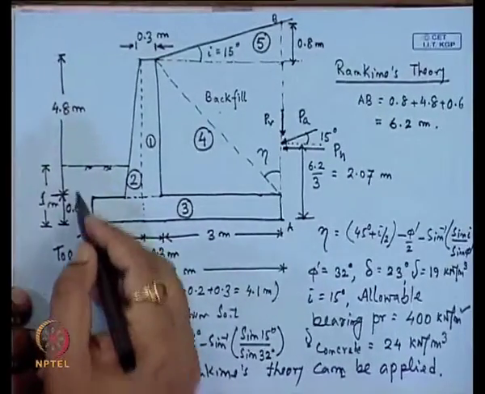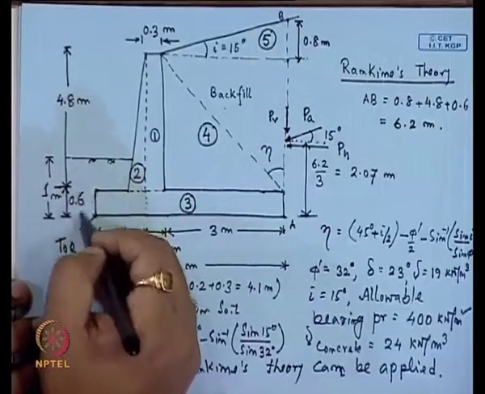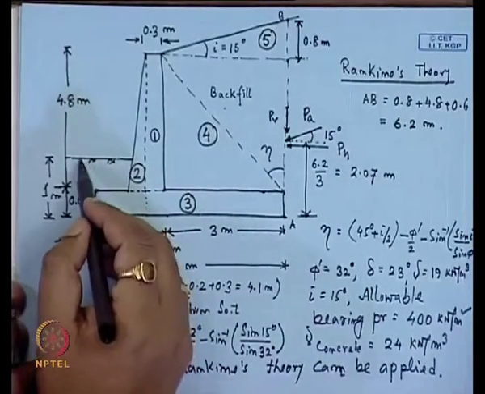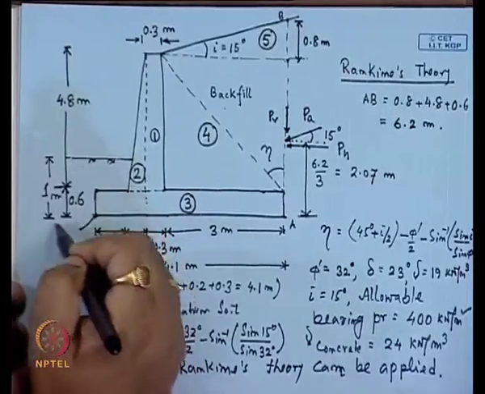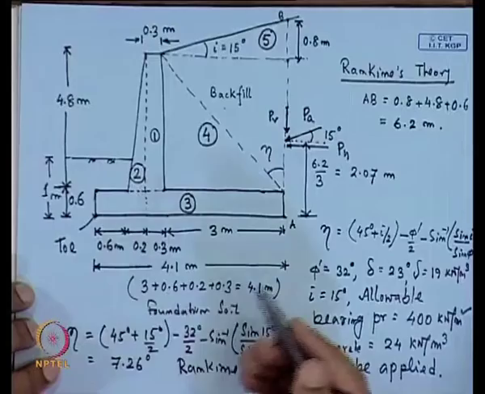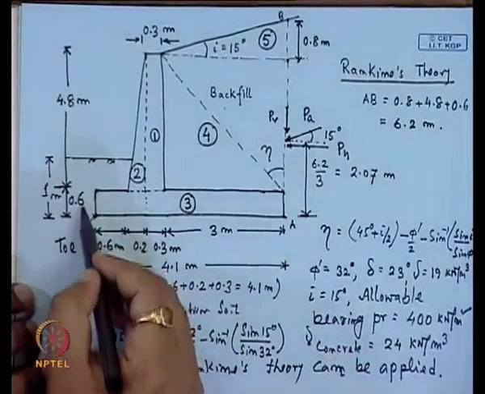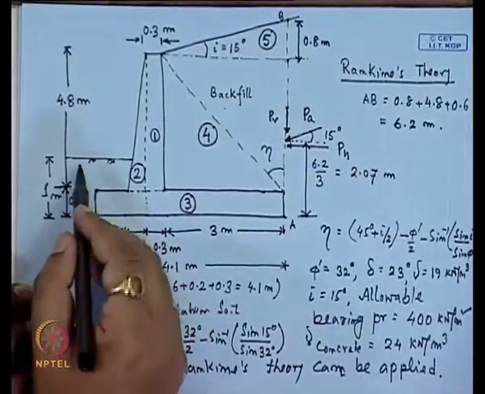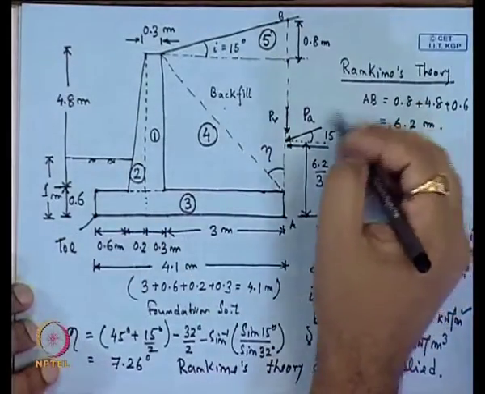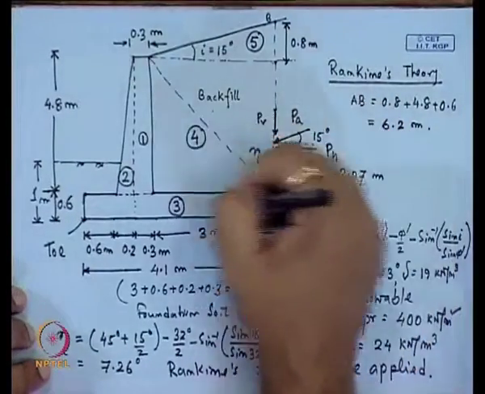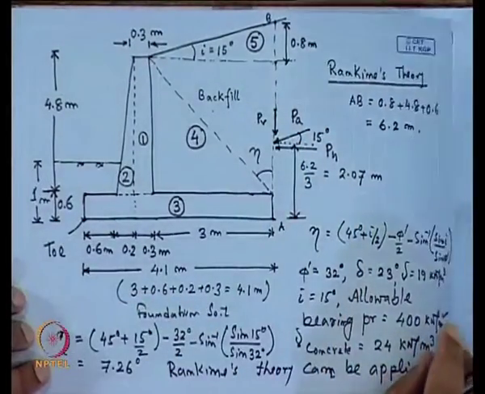You can also try to solve this problem with the use of passive resistance, and see how much extra factor of safety you will get when you consider it. These two things, considering passive resistance and using a different theory, you can try on the same problem.